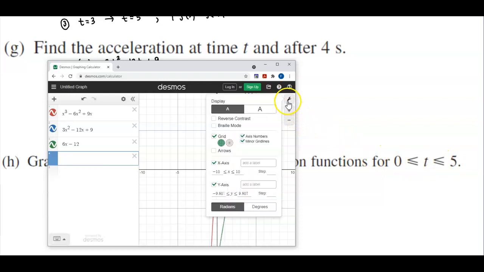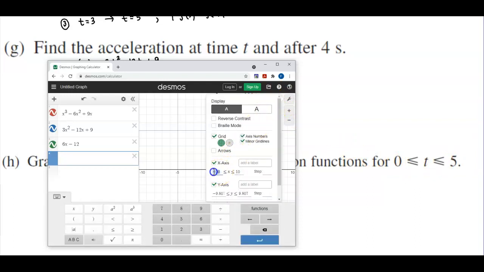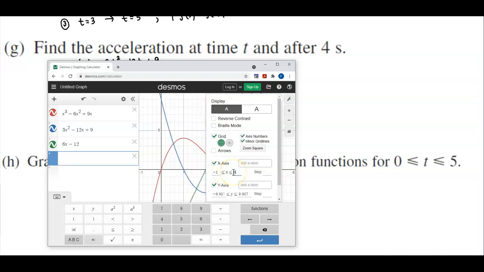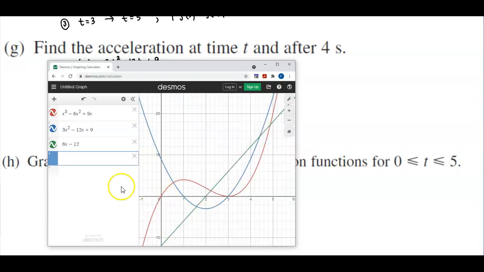So we want to make sure that our x values are going to at least go between 0 and 5. So we're going to go from -1 to positive, let's say 6, so we can see what that function looks like. And then we'll make our y-axis go from -12 to, let's say, 25, so we can see this a little bit better.